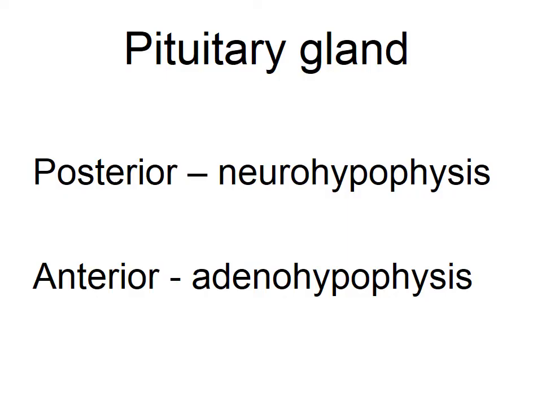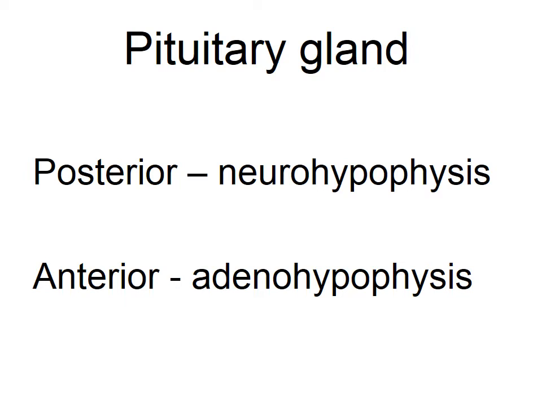The scientifically correct name for the pituitary gland is the hypophysis. Now the anterior lobe, that is the front lobe, is called the adenohypophysis because it's composed of glandular tissue. Adeno means glandular or to do with glandular tissue.